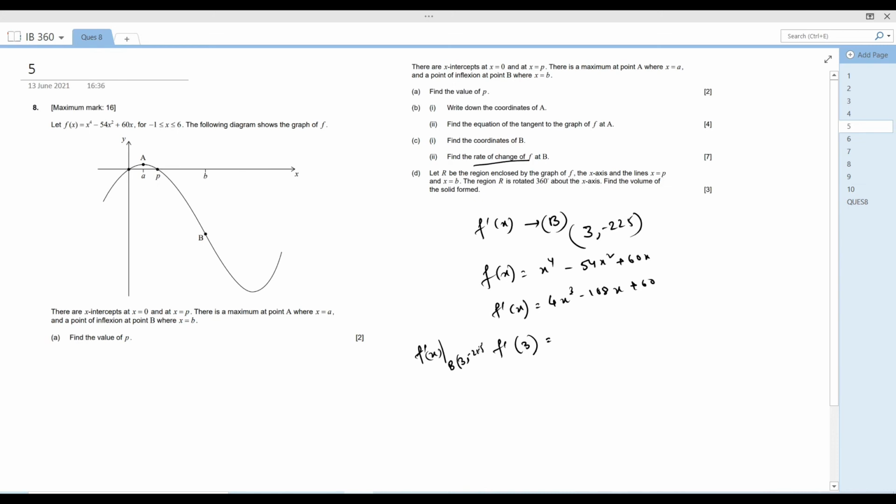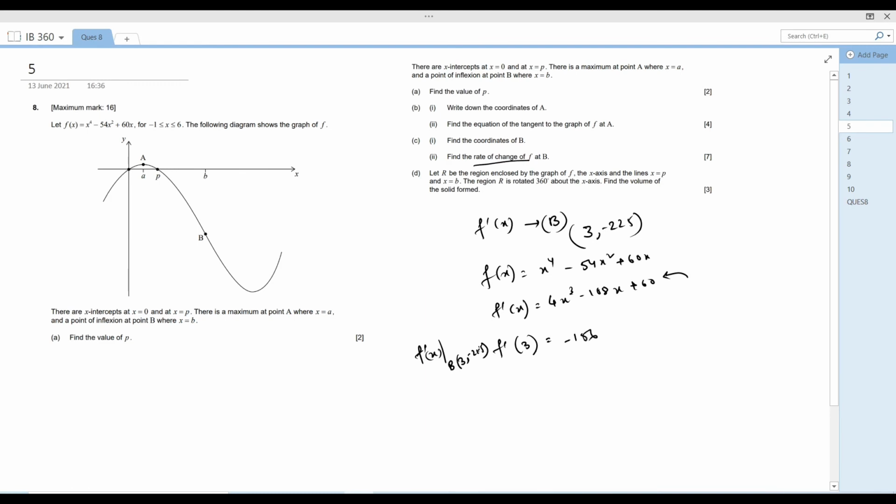If you do this in your calculator, you just have to put x equals 3 in this equation, and f dash of 3 will be minus 156.